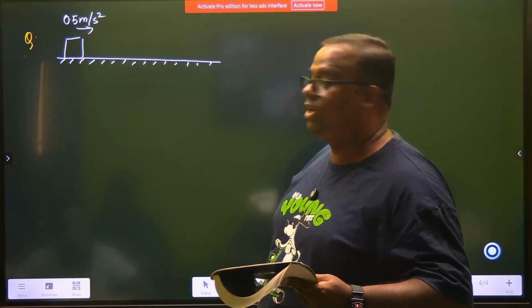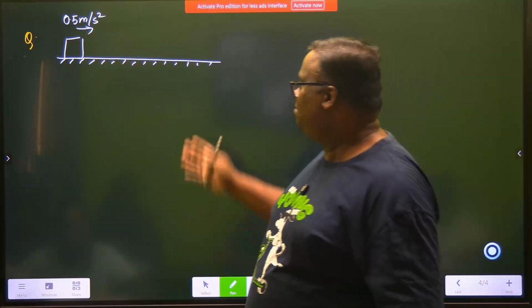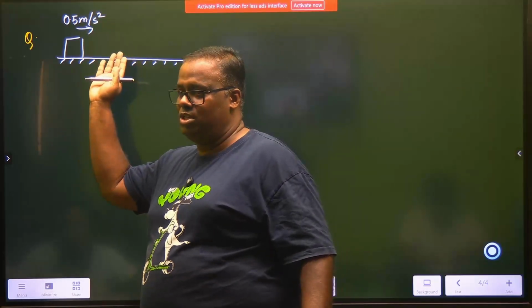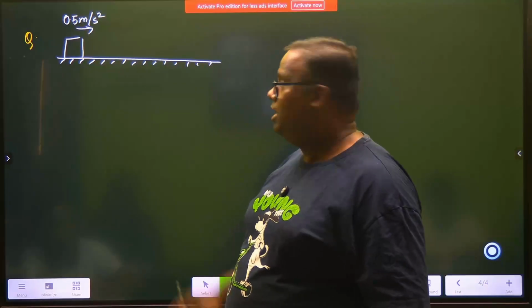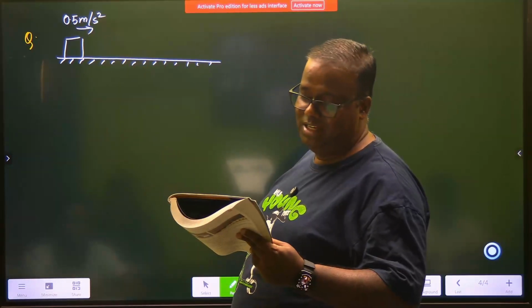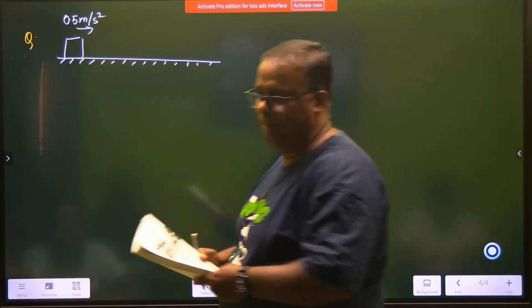Now, it will encounter friction. What is friction? Friction is the phenomenon due to which it opposes the very cause of motion. It will like to go, but friction will hold it back, and then due to friction the velocity will start to decrease.